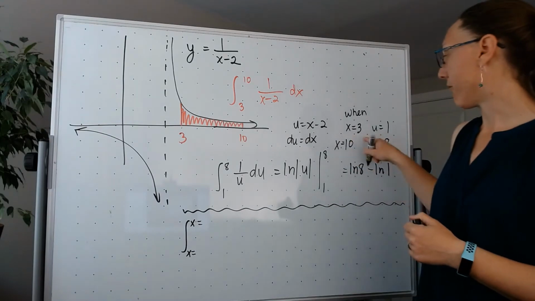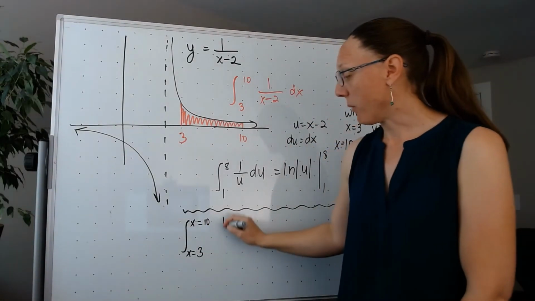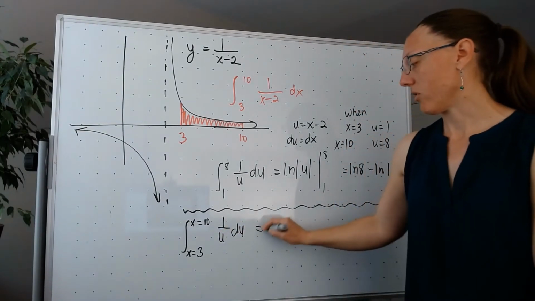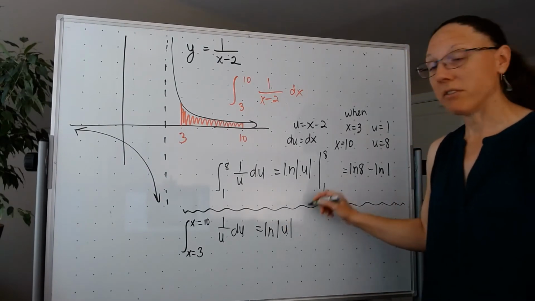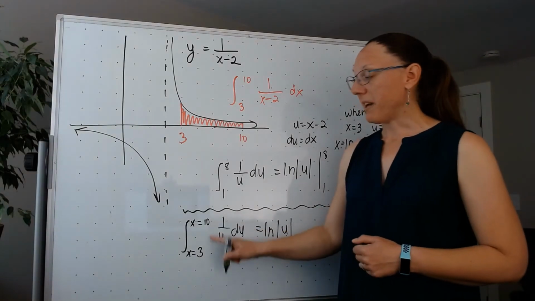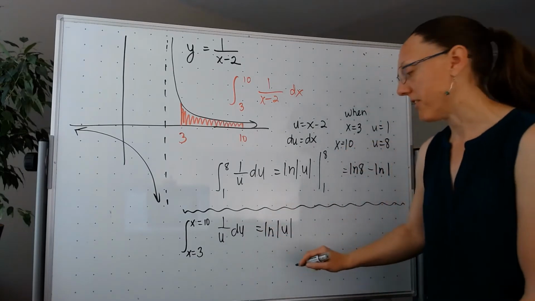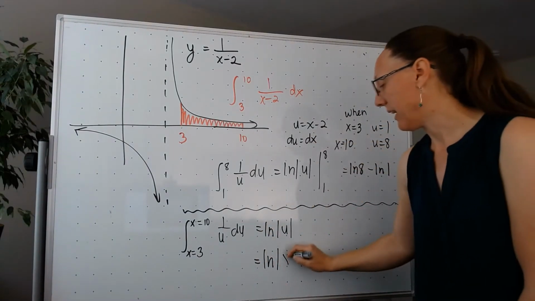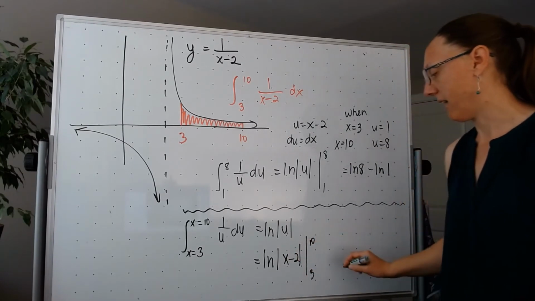So x went from 3 to 10 originally, and then we can write in our u substitution, evaluate the integral to get natural log of u, and we'd have those limits of integration, but if we do it this way, because we know that these are things that we have to plug in for x, we have to take that extra step of plugging back in x minus 2 before we evaluate from 3 to 10.